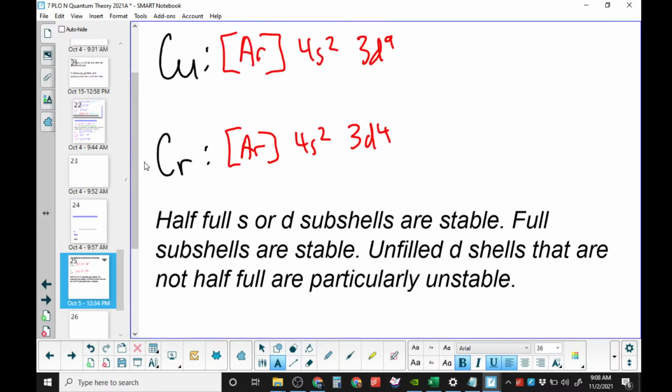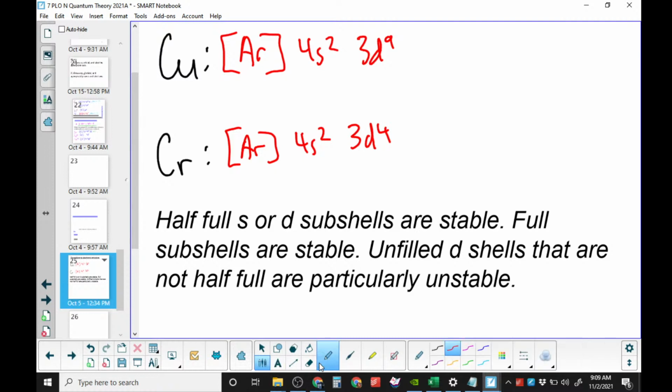But right now, that D shell is not full, and it's not half full, so that is particularly unstable. Kaylee? How many S electrons? One of them. Perfect.